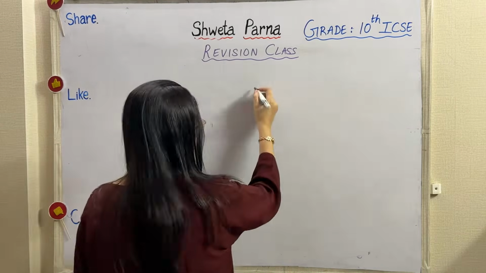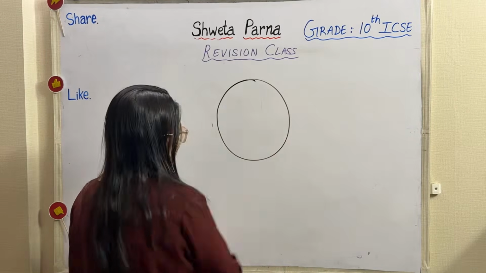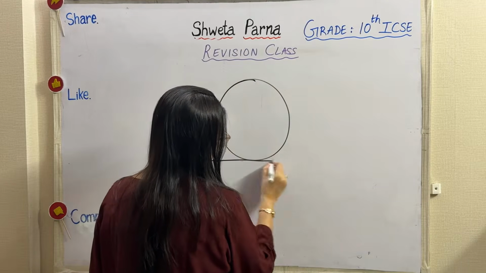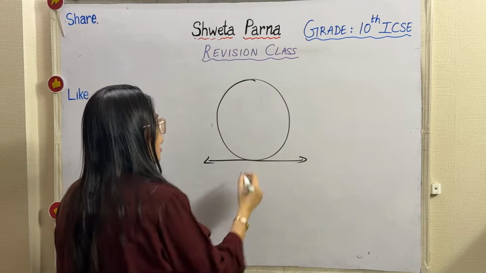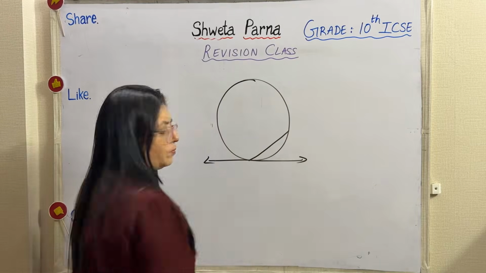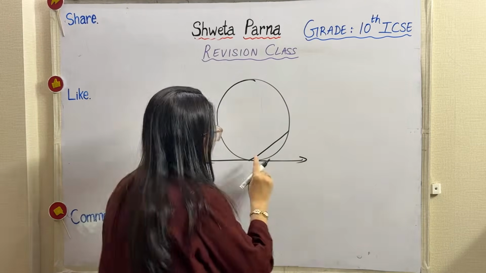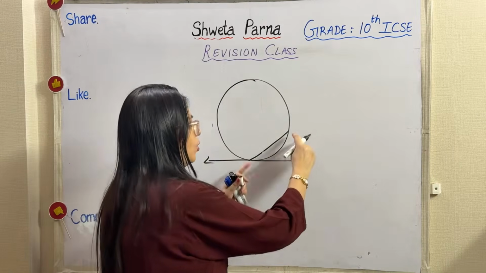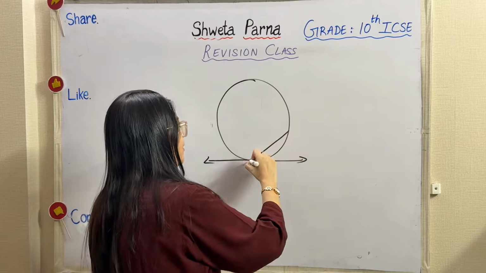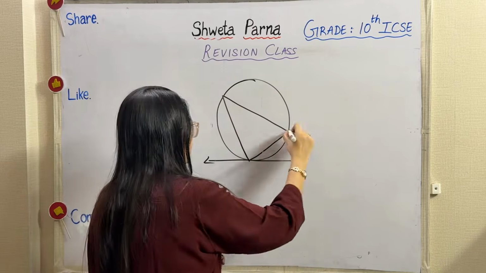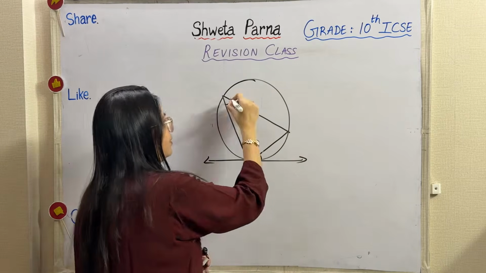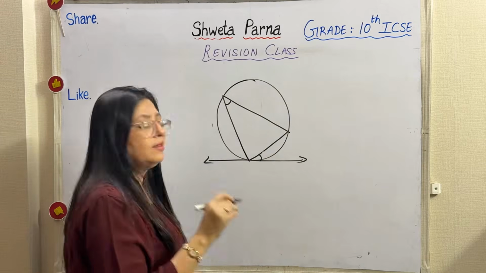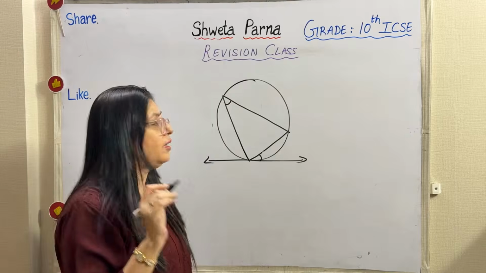Then the main important thing is, I drew a circle, I draw a line, say like this, which is a tangent, and I draw a chord. Children, remember, whenever a tangent is drawn and a chord is drawn, this becomes the base wherever a triangle is formed. So this angle and this angle will be equal. It is called angles in the alternate segments are equal.